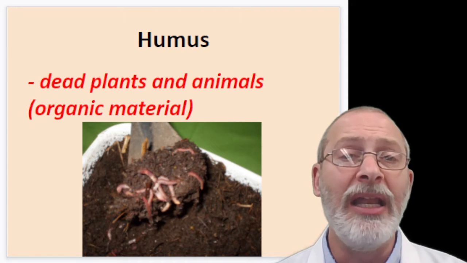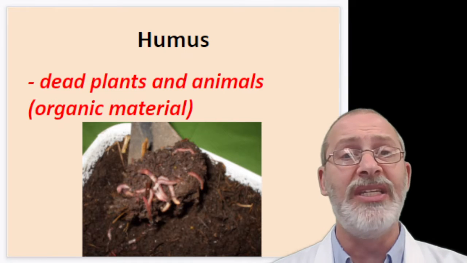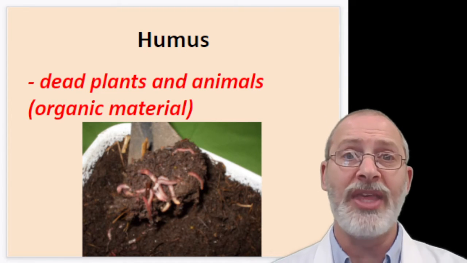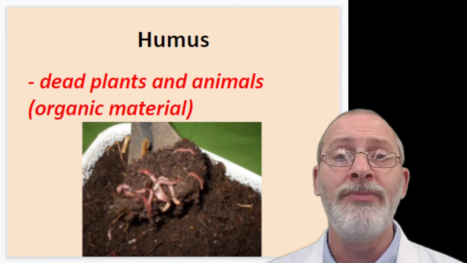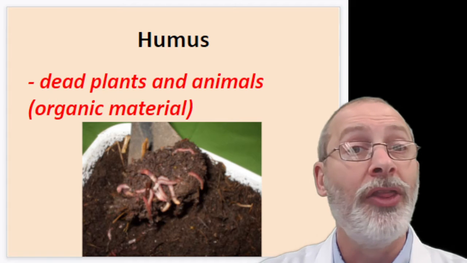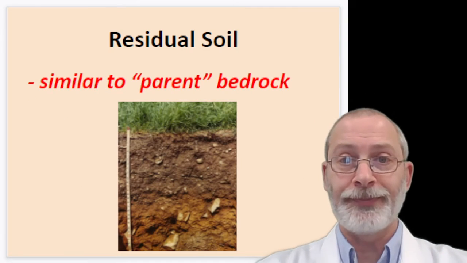But whenever a living thing like a plant or an animal dies, it undergoes decomposition, and the various minerals that make up those organisms are then restored and returned to the soil in the form of humus.